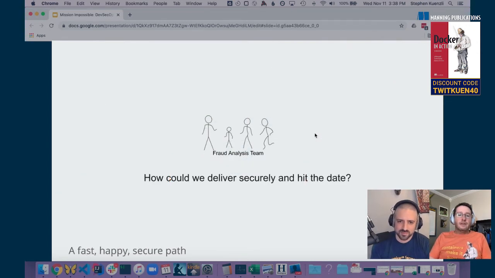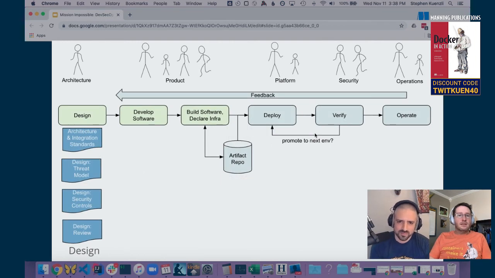But yeah, so what we're going to do is talk a little bit about how design works, and what it means to integrate security into design. Jeff, I'm really curious for your feedback here. Let's return to our fraud application. Suppose their organization has architecture and integration standards, and those standards can provide leverage both in the design phase and downstream.